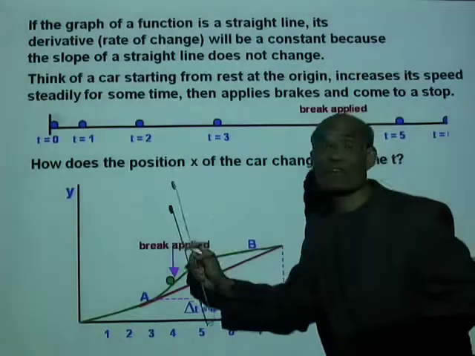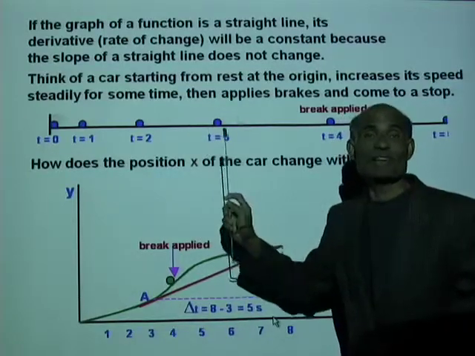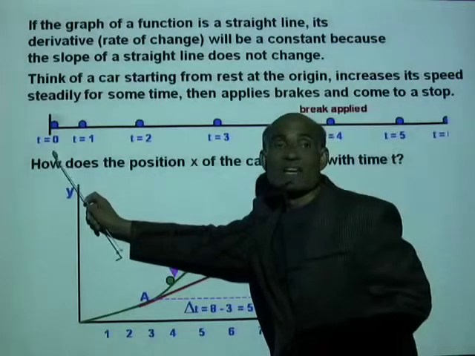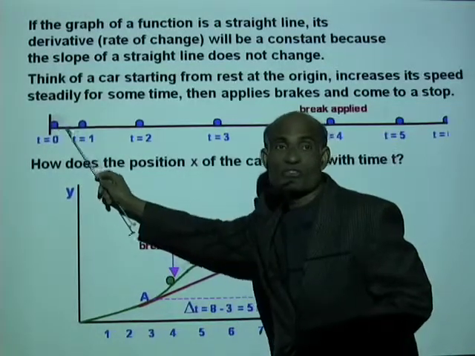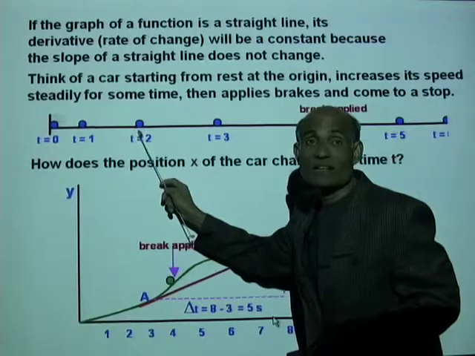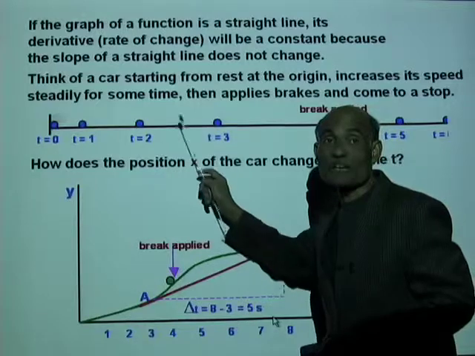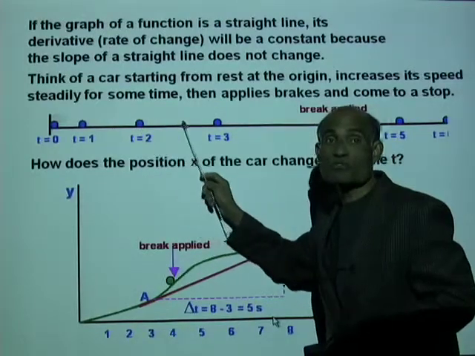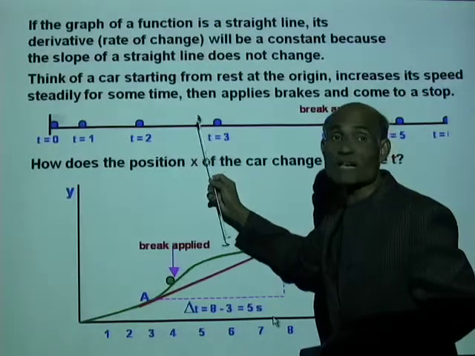Now, how does the graph of x against time look like? You can see as the time interval t equal to 1, this is your x value. t equal to 2, x value is greater. At the end of t equal to 3 seconds, you can see from t equal to 2 to t equal to 3, the distance covered is even greater.